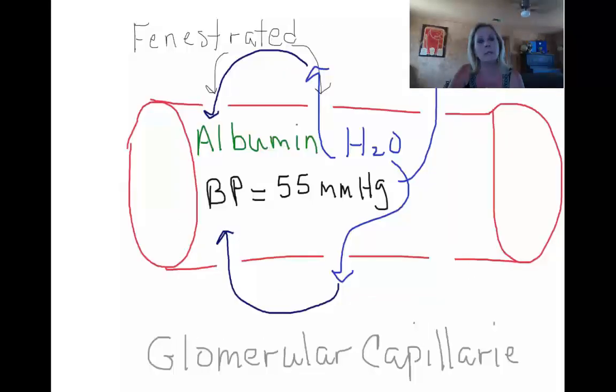So if we go back to this picture here, remember, blood pressure is already at 55 millimeters of mercury, but if we make that pressure go up, we're going to force the water and whatever other chemicals are small enough to get through all these fenestrations and the basement membrane and the filtration slits. Whatever other chemicals can be pushed through, we're going to even be able to push more. So we're going to increase the rate of filtration, or we'll increase what's called glomerular filtration rate, or the GFR.